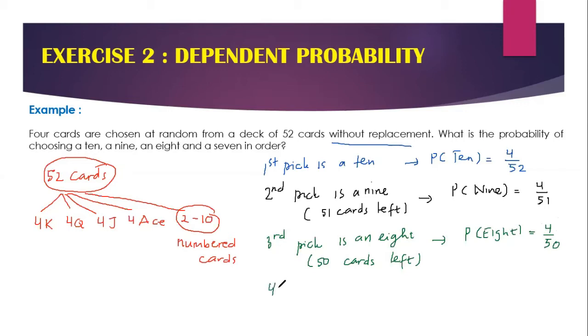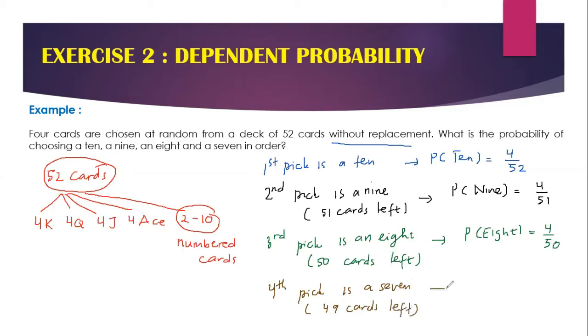And the last is the fourth pick, which is a 7. Now we have 49 cards left.